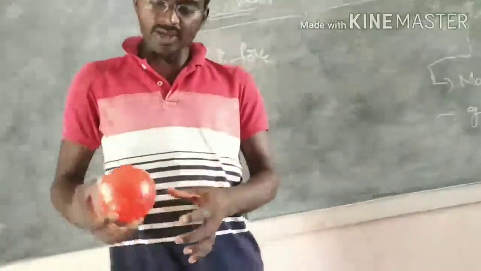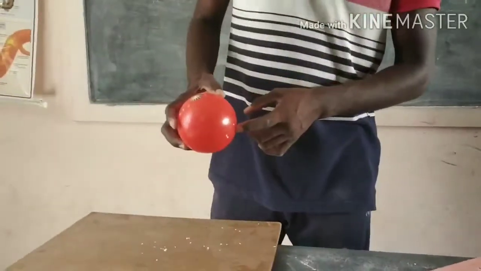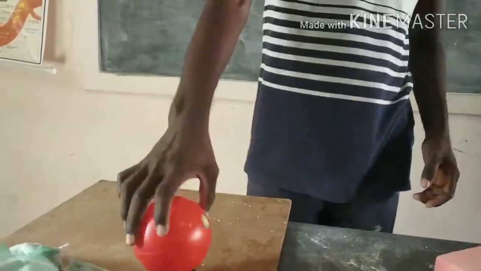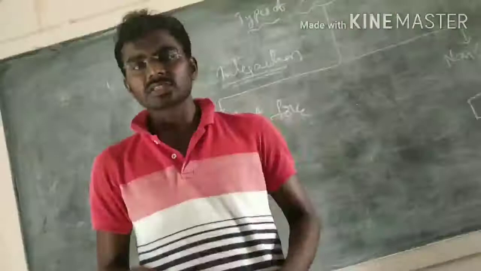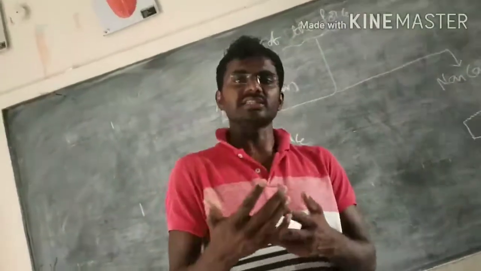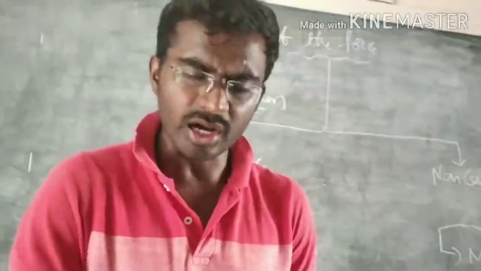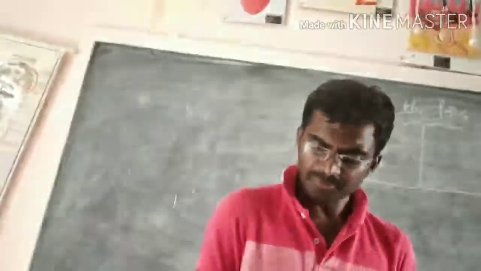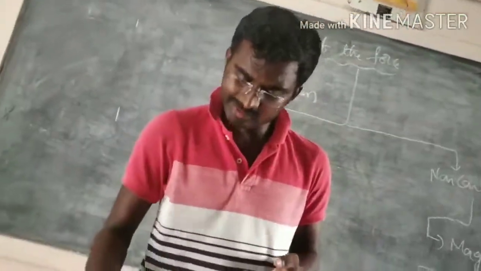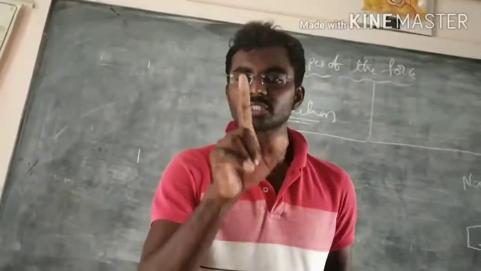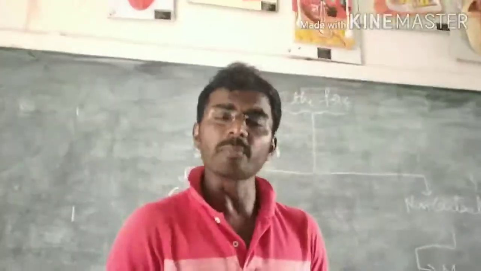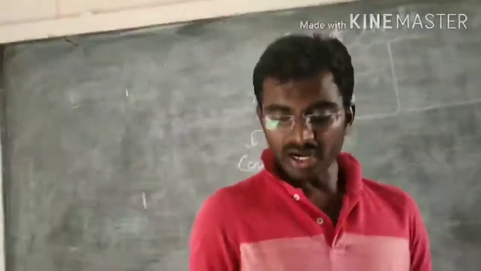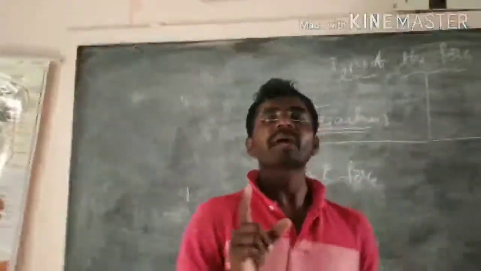So whenever I move near the paper strips, the paper strips gain opposite charge. When I rub the ball with woolen cloth, if it gains negative charge, and I move it near the paper strips, then the paper strips get positive charge. As you know, opposite charges are attracted to each other. Yes or no? That's why the ball attracted the paper pieces.